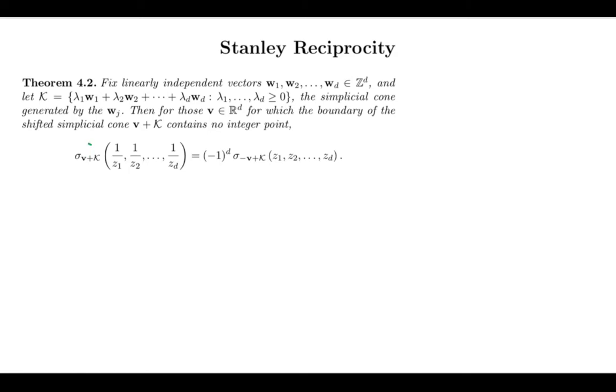We'll do that for both the shifted cone and the cone shifted by negative v. And so here you see a reciprocity theorem relating the two integer point transforms. In one of them, we plug in the reciprocals of the variables, and then we, up to a sign, get the other integer point transform.